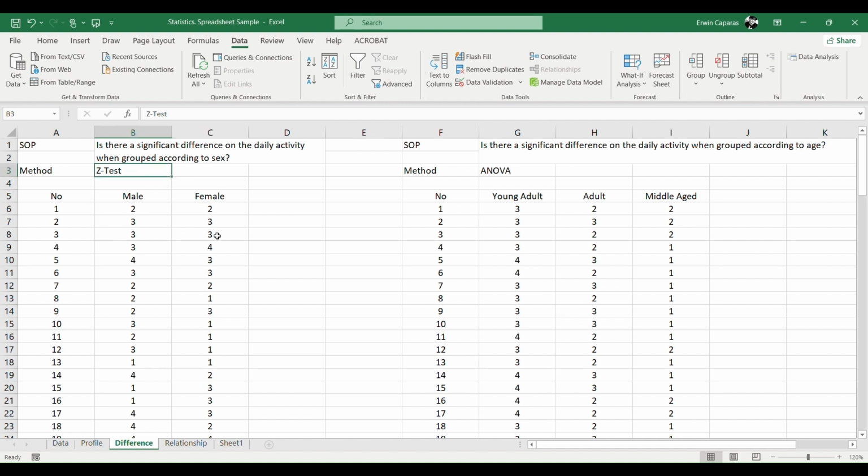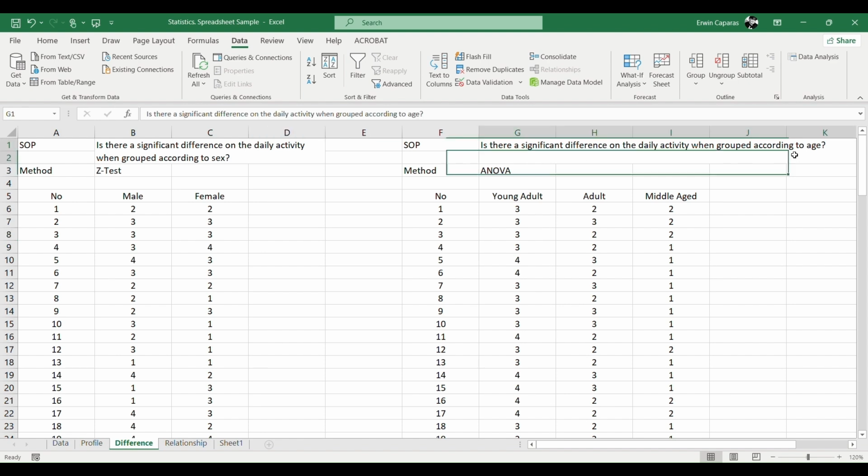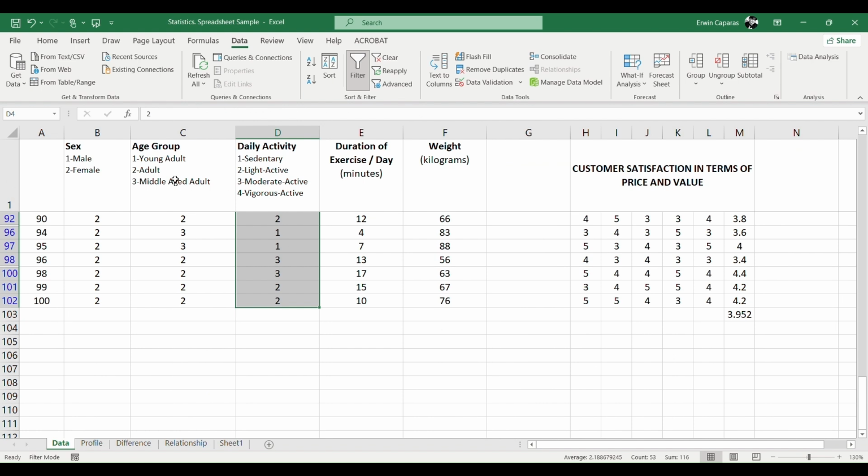Okay? Now, another SOP, okay, is there a significant difference on the daily activity when grouped according to age? Okay, going back to the data, we have three groups, okay, or three brackets presented in the age group. We have the young adult, we have the adult, and we have the middle-aged adult.